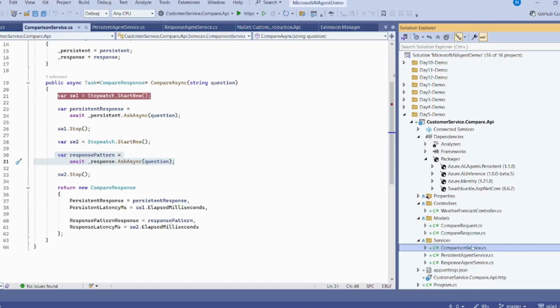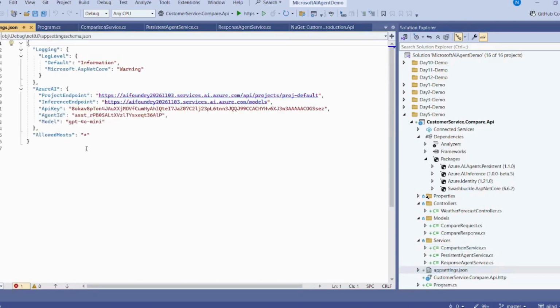Let me check the app settings. So we have combined day 2 and day 4. The endpoint has been used for day 2, persistent, along with the API and the agent ID, because agent ID, thread, I think you remember, and the model is definitely there. And for the response pattern, we are using the inference endpoint along with the model.